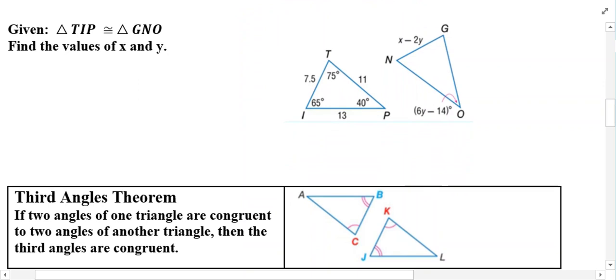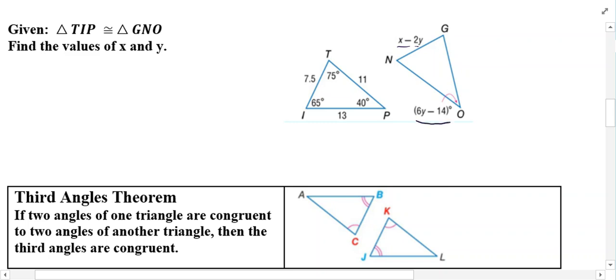Here we're given the triangle TIP is congruent to triangle GNO, and we want to find the values of X and Y. First of all, locating X right here, I have X minus 2Y, so that's two variables in one.